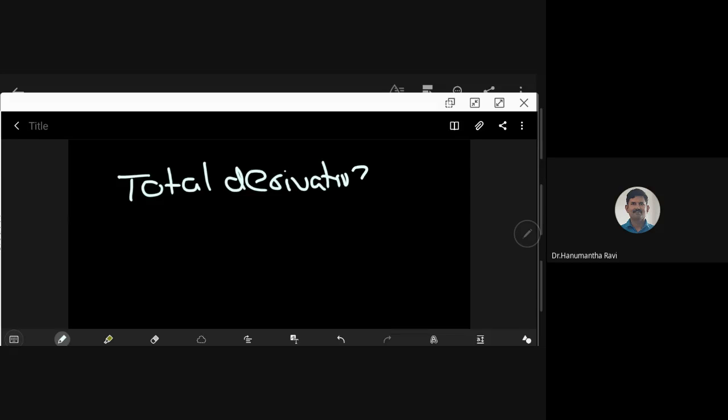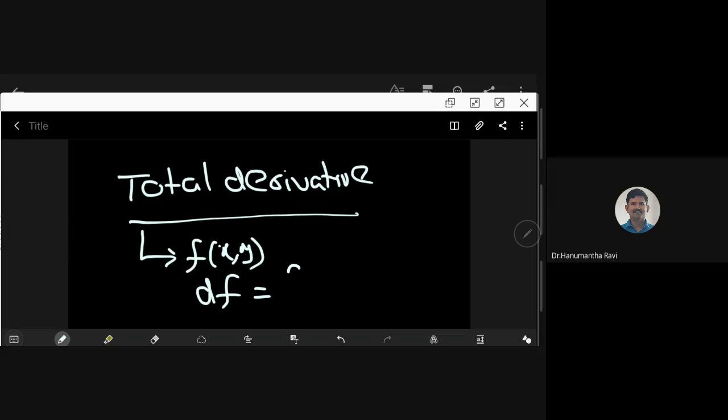When we are dealing with functions of two variables, for example, in such a case we write the total derivative as df, it is nothing but fx dx plus fy dy. This is called total derivative.